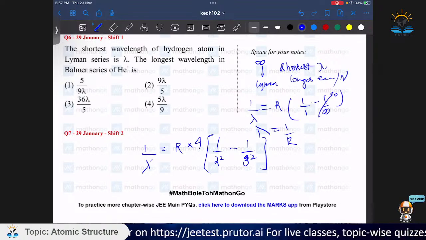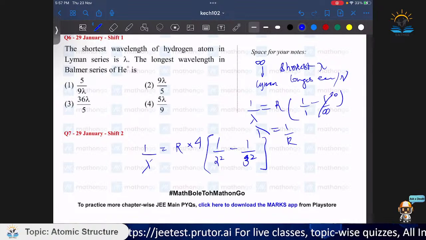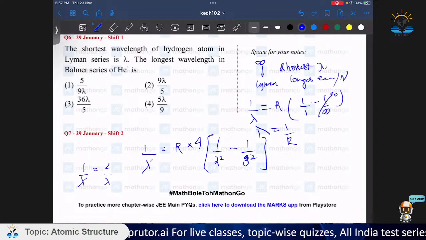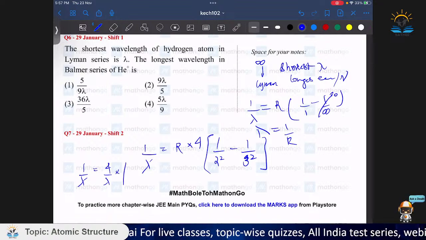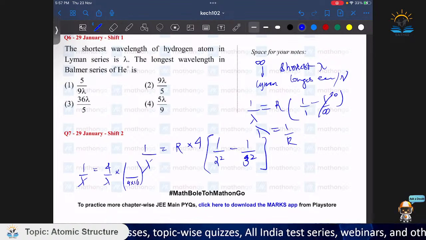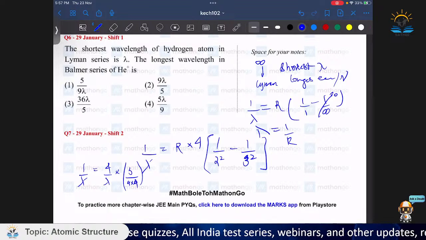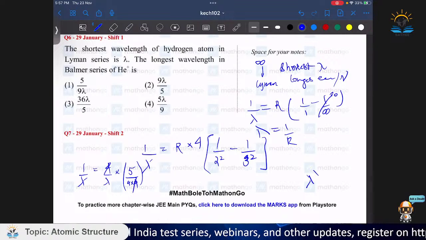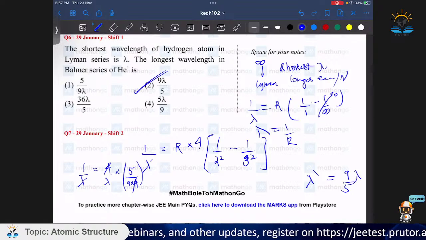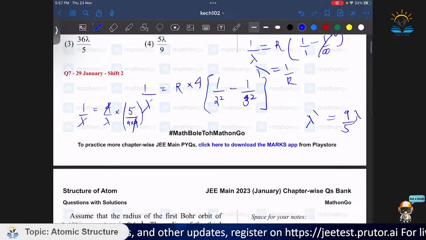R is equal to 1 by lambda, so 1 by lambda dash is equal to 1 by lambda into 4 into, inside the bracket we have 9 minus 4 over 36, that is 5. 4 to 4 you cancel it. So lambda dash is equal to 9 by 5 lambda. Right? Okay.